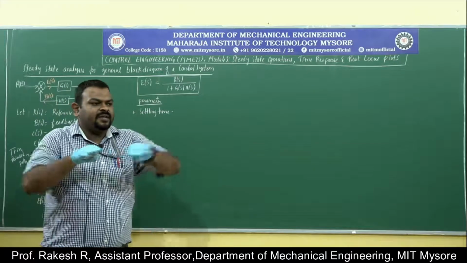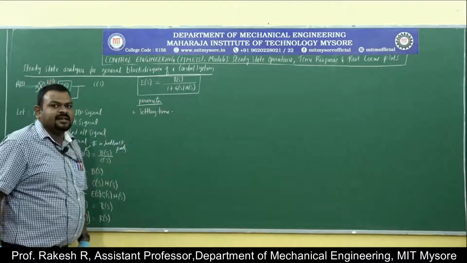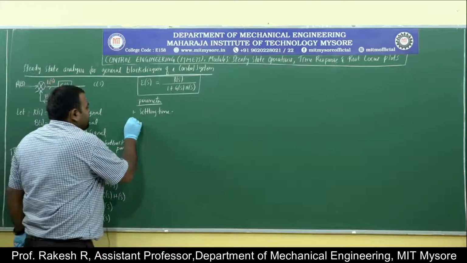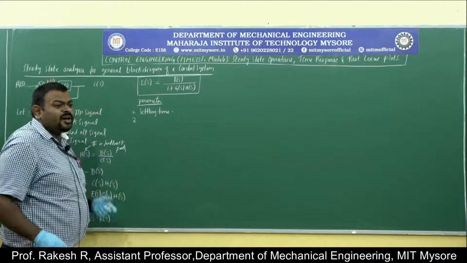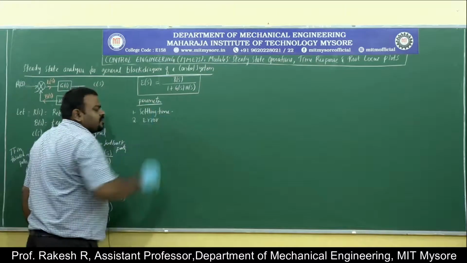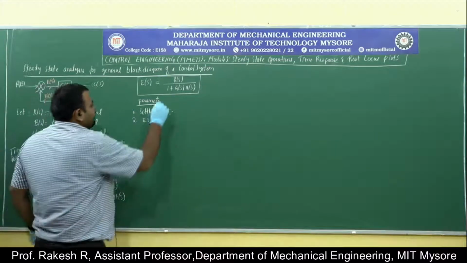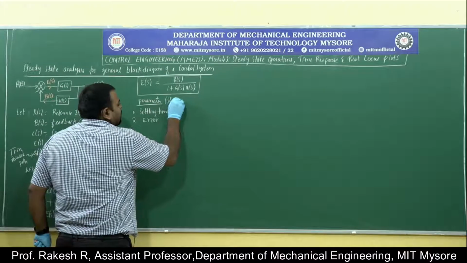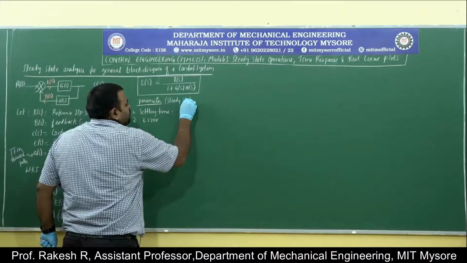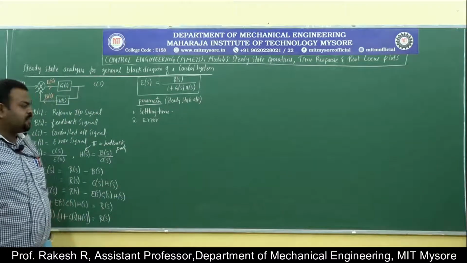That means whenever you get a stable output, that time is the settling time. Then another important thing is, what is the error in the system? These two things we will be analyzing whenever we take steady state output.